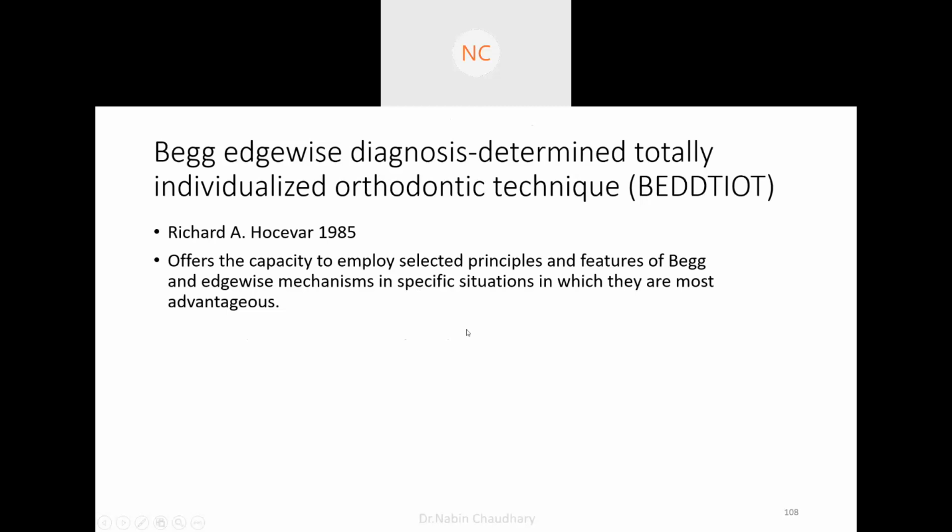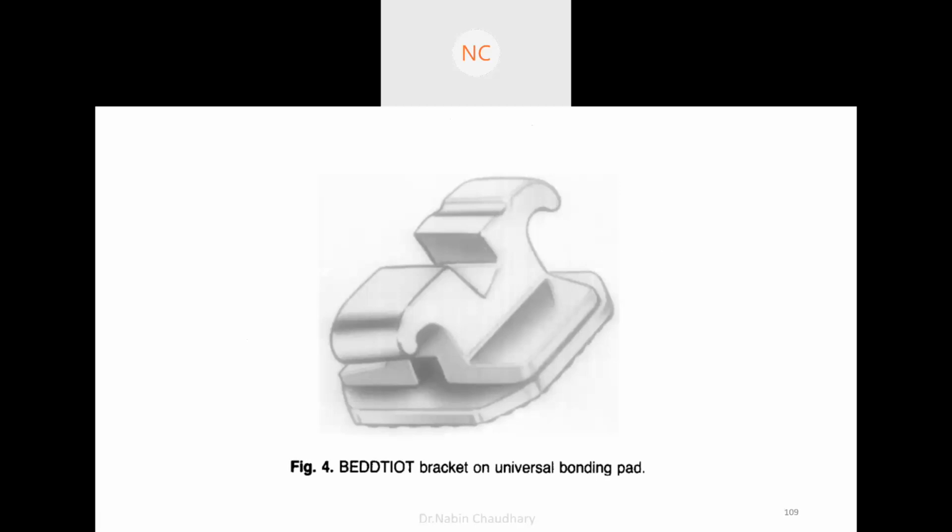It has the edgewise slot of 22 by 28, and it has the vertical slot of 20 by 20 inch. So this is the BEDIET bracket. There is also the vertical slot of dimension 20 by 20 inch.